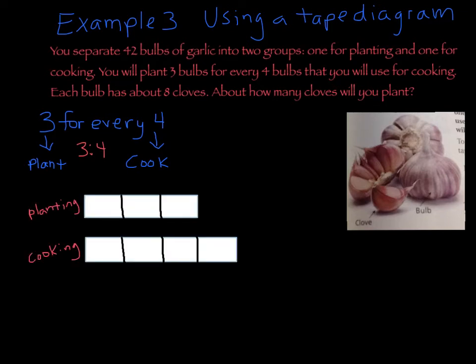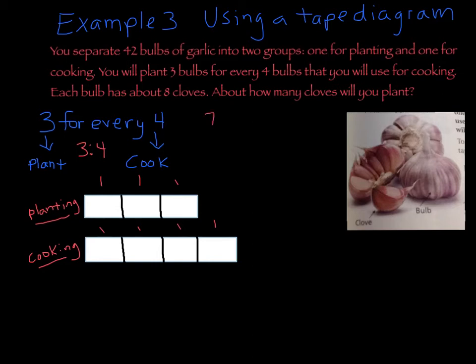Okay, so I'm going to start here with my planting and my cooking tape diagrams. We have to figure out what each of these parts equals along the way. To do so, you have to count how many parts you have. We have 1, 2, 3, 4, 5, 6, 7 parts. Now, you have to go back into your story problem and do some reading.